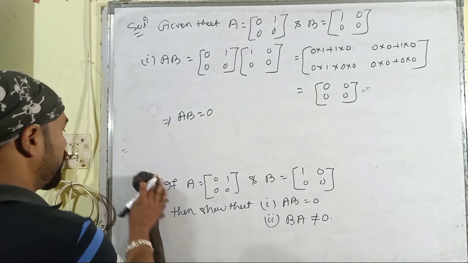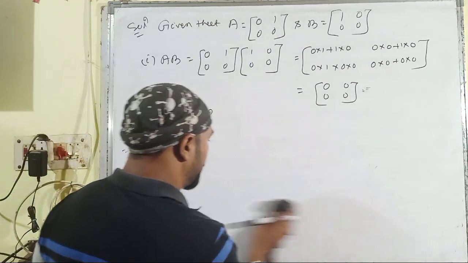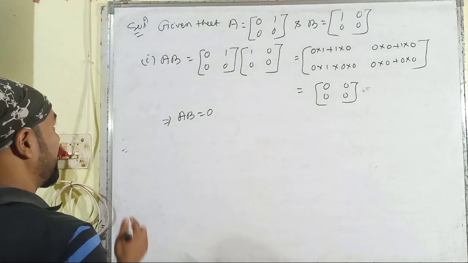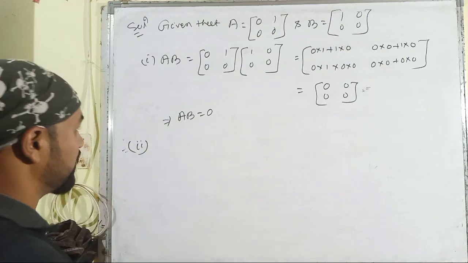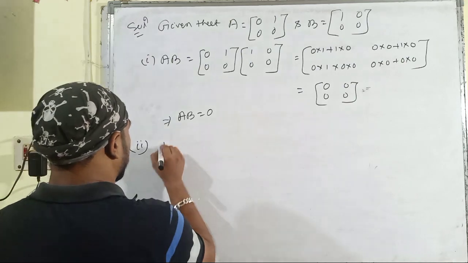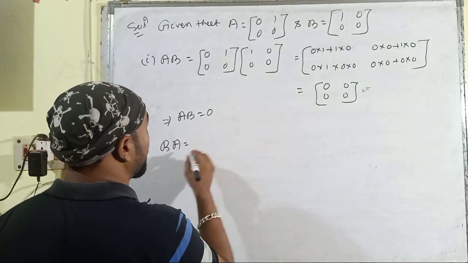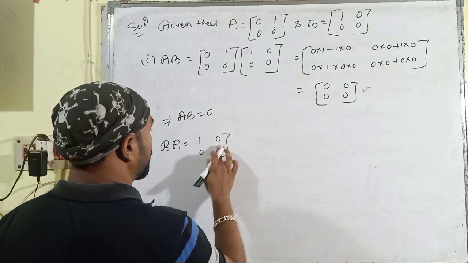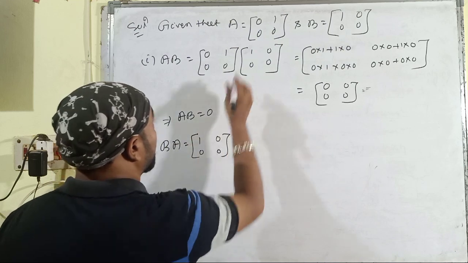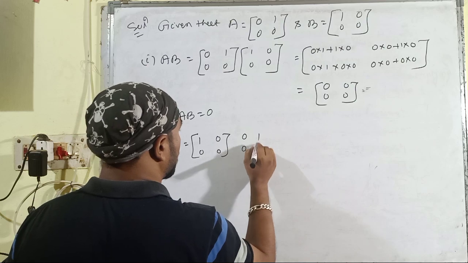Now we have to evaluate the multiplication of B and A, and show that it is a non-null matrix, not a zero matrix. So multiplying B with A, [1, 0; 0, 0] and A is [0, 1; 0, 0].